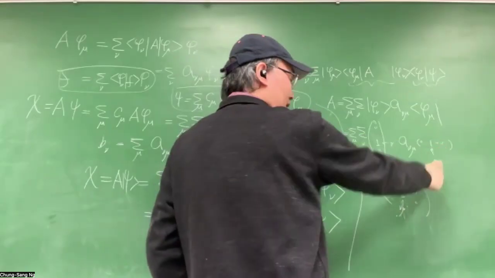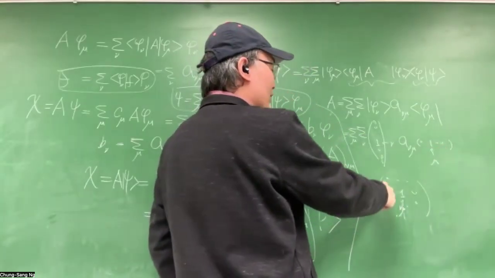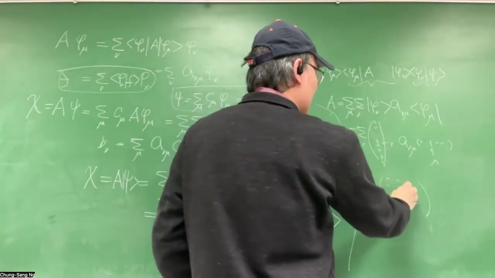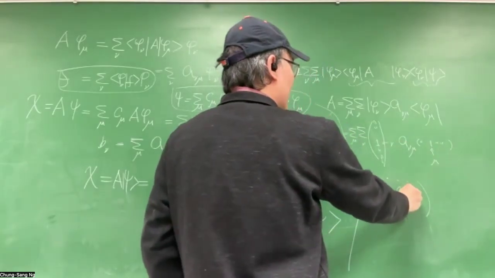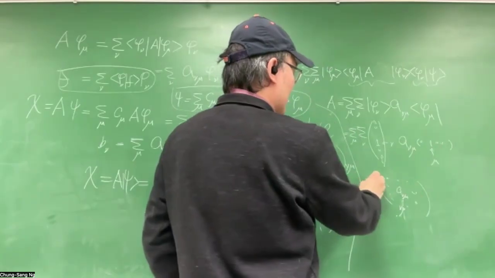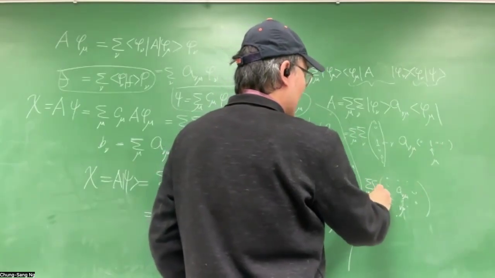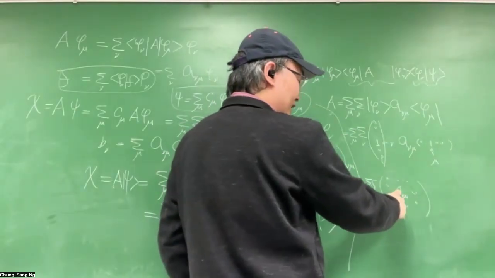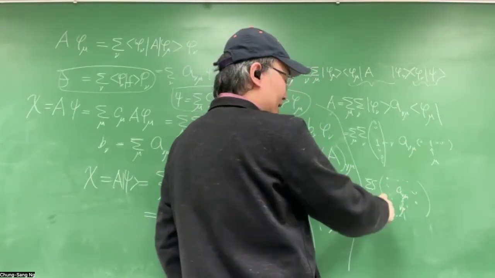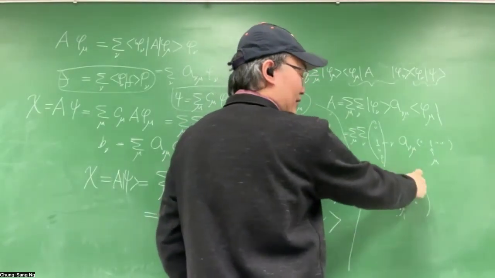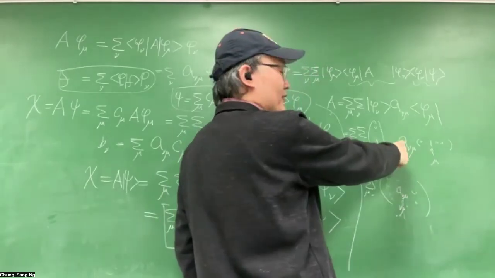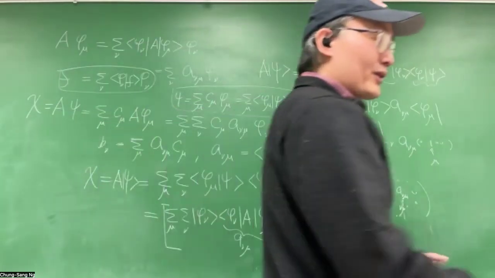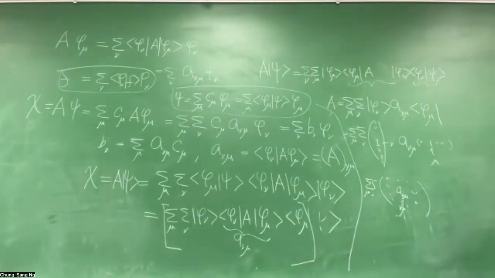Multiplied by A mu nu, you get this. But you sum over all mu and nu. So basically there are a bunch of these matrices that only have one element, and then you sum over all of them, so you fill out the whole matrix with this as your matrix element. It's just another way to look at the same thing.